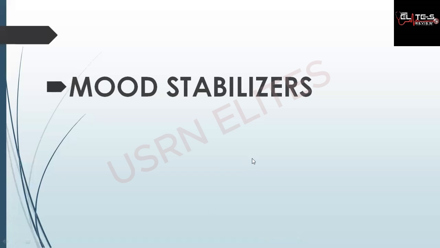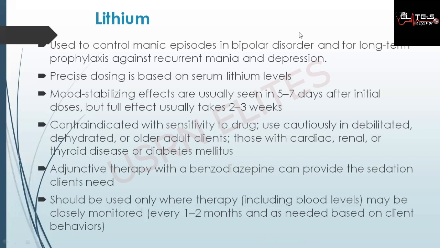So it's lithium. So let's talk about lithium. You know that the NCLEX also likes asking questions about lithium. It is used to control manic episodes in bipolar disorder and for long-term prophylaxis against recurrent mania and depression. So we need to control mood, lithium.